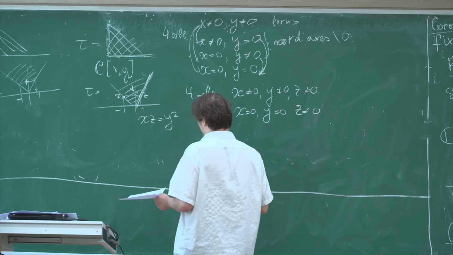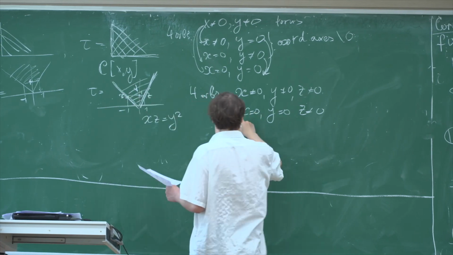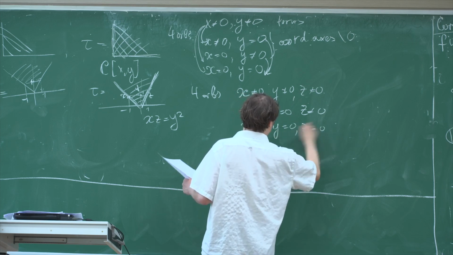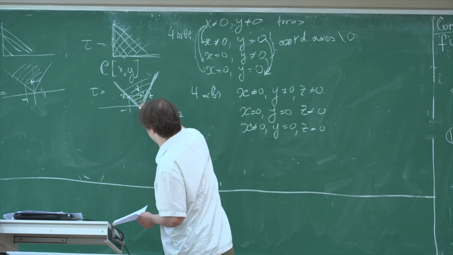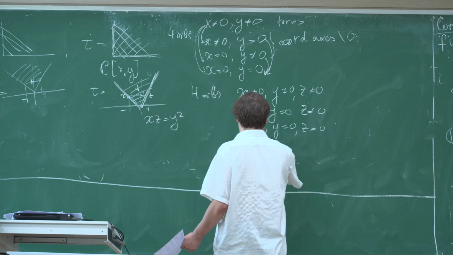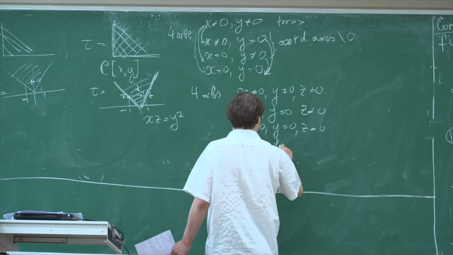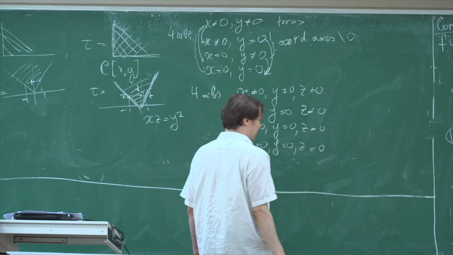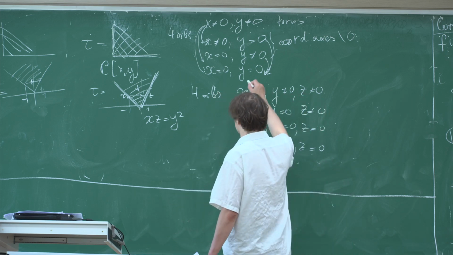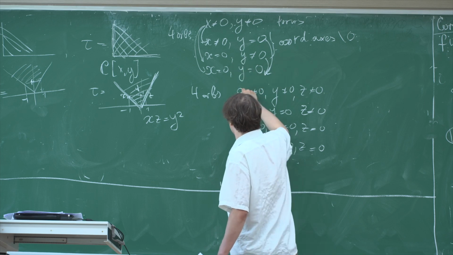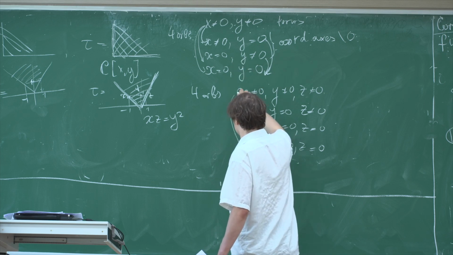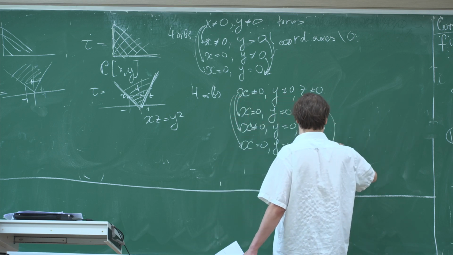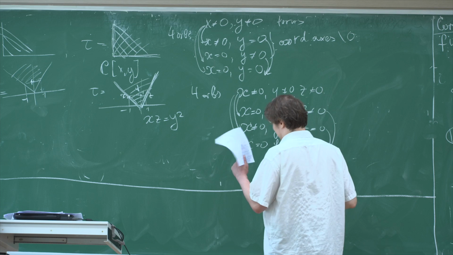And we can have non-zero values here, meaning x is not zero, y is zero, z is zero. Or we can have the only non-zero value at the origin, meaning x equals 0, y equals 0, z equals 0. The picture of inclusion of closures is exactly the same as here. The closure of this contains these 3, and the closure of this contains this one. The closure of this contains this one.